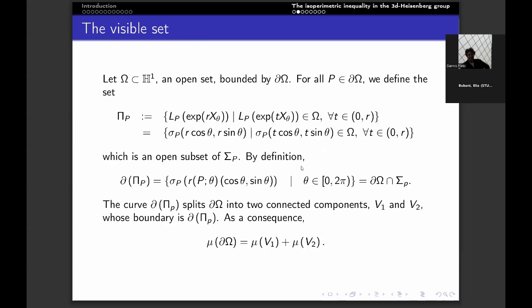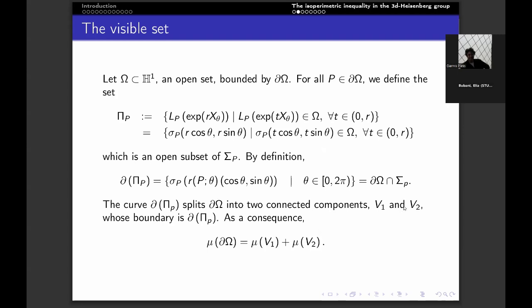And then by the definition, we can parameterize the boundary of this set, and we can see that here we have the first exit time practically for this curve, which is a one-dimensional manifold. And this curve splits the boundary of omega into two connected components.